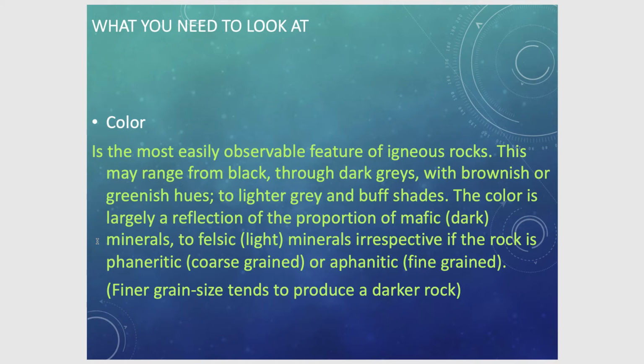But in fact, finer grain size rocks will tend to be darker in color. So even if it's a felsic rock, but if it's really fine grain, you might end up having a rock that is quite dark. This is a good example for rhyolites. Sometimes rhyolites are actually black, and this is related to the glass content.